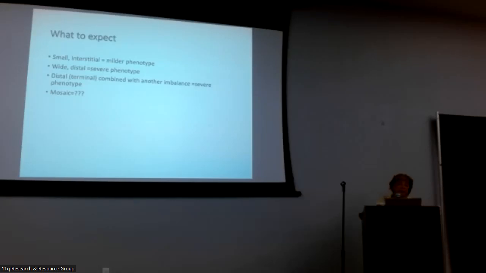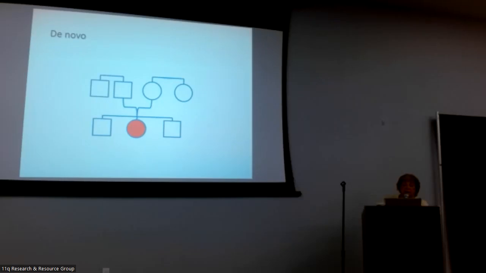If the family history is negative and there is no familial balanced translocation, you consider it de novo.